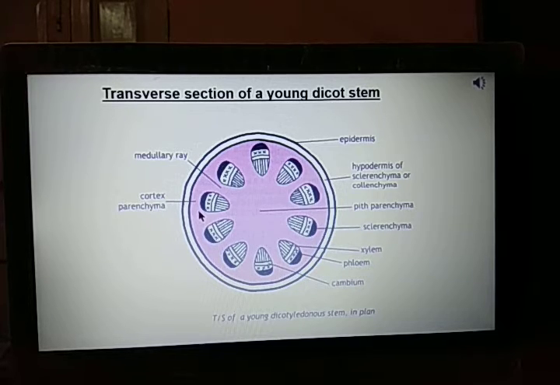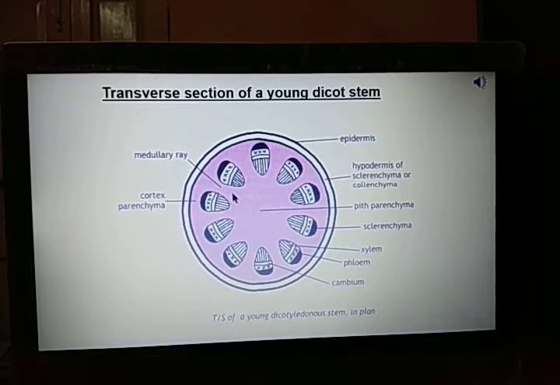Next to the cortex you have the vascular bundles arranged in a ring in the ground tissue system, and in between the vascular bundles this region is called the medullary rays. The central portion is the pith, which is parenchymatous, and radiating from the pith there is the parenchymatous zone in between the vascular bundles, which is called the medullary rays.